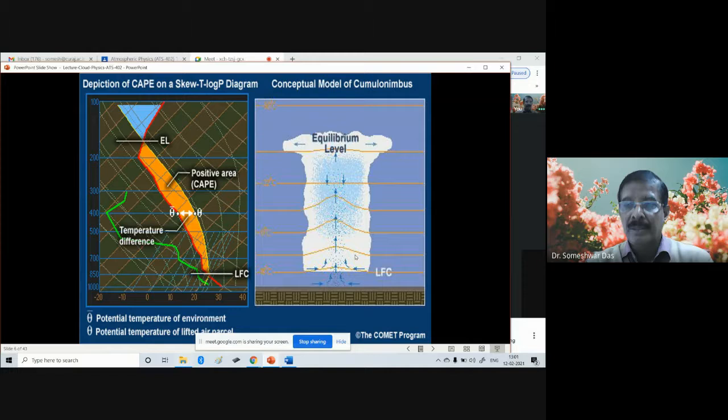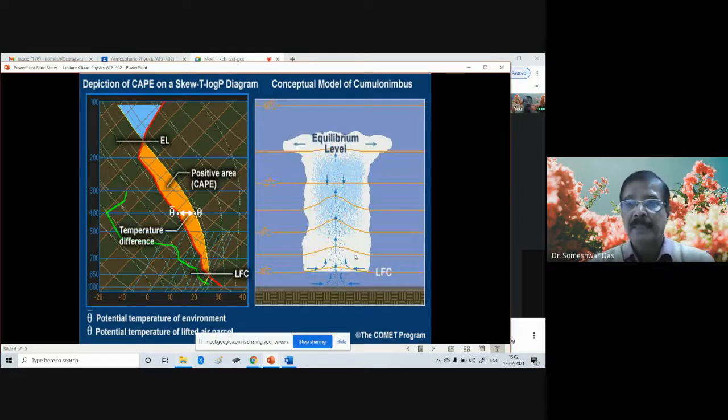So in clean air we require very high supersaturation for the formation of cloud droplets, whereas in mixed air with pollution, dust particles or aerosols, or even over the ocean where a lot of sea salts are ejected into the atmosphere, they also act as a base for the condensation of water vapor.